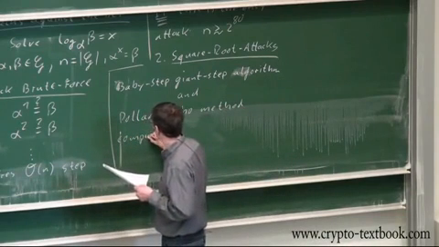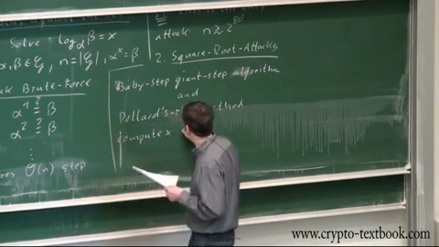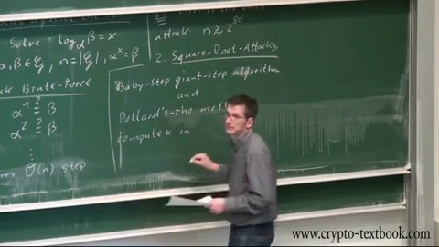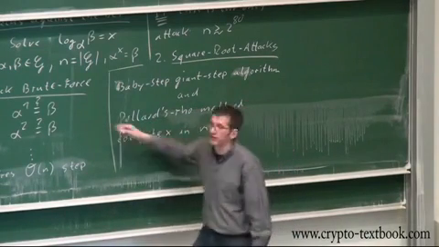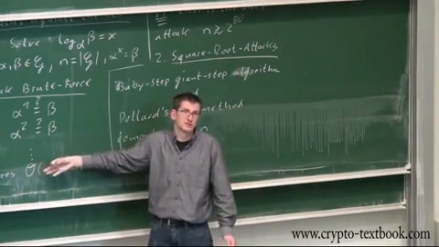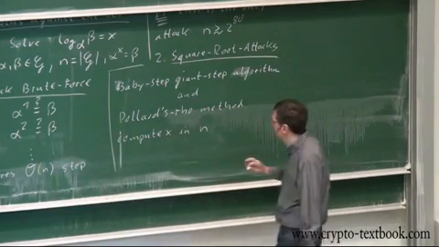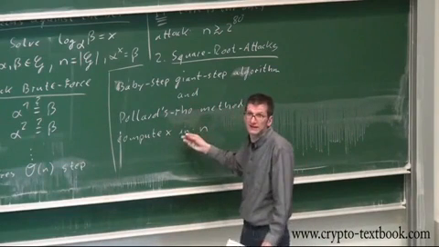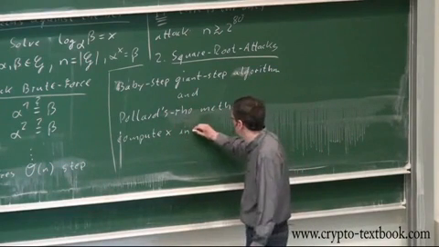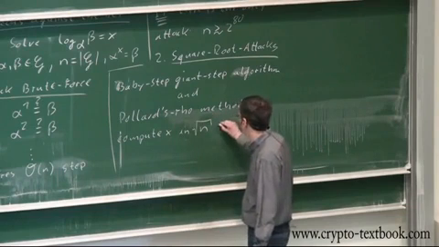Compute x. Before, a brute force attack computes x in about n steps on average. These are called square root attacks because they use square root of n steps.